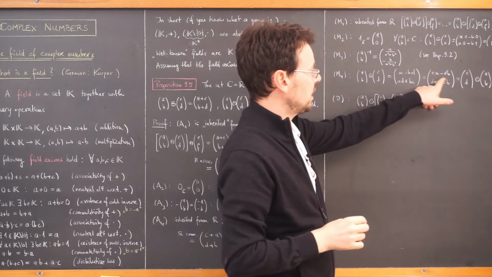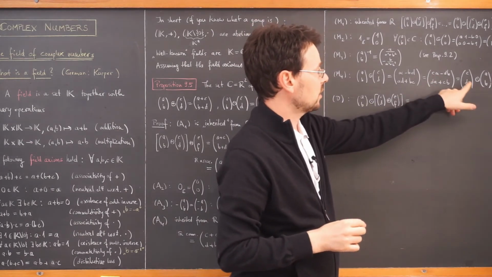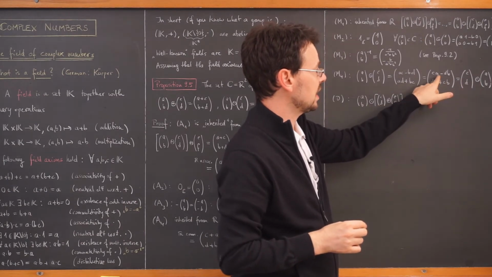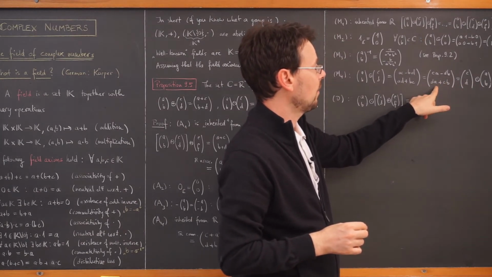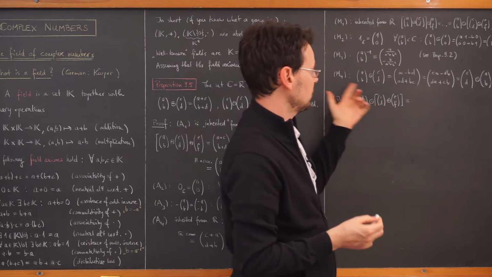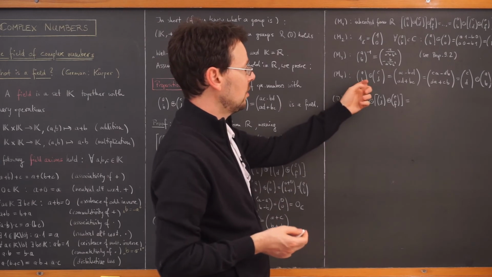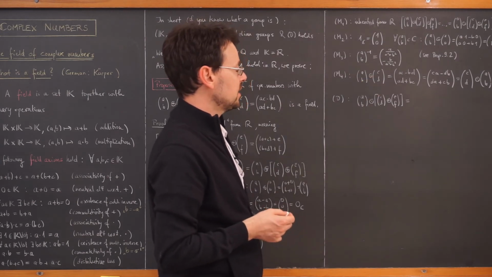But this here is actually nothing but this product. Do it from right to left. The definition of the dot is exactly that. So we have commutativity because this holds for arbitrary complex numbers (a, b) and (c, d).